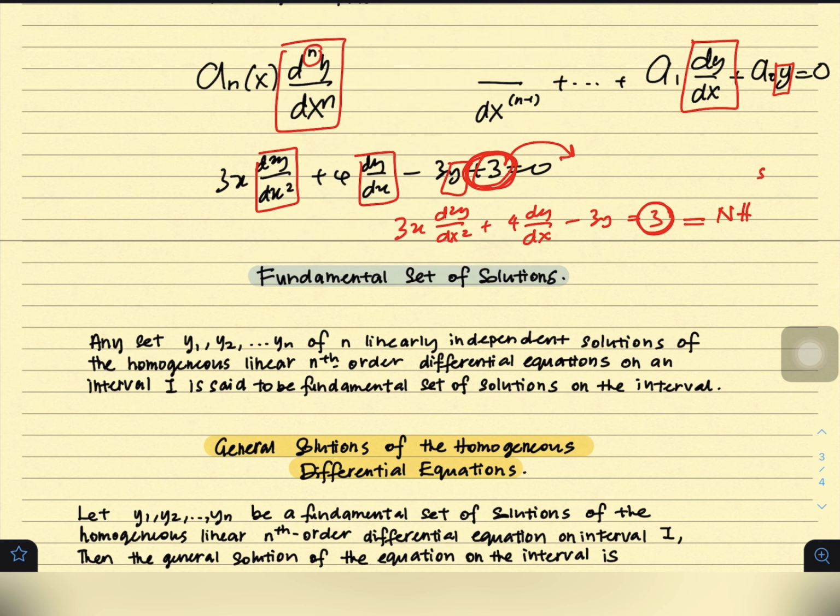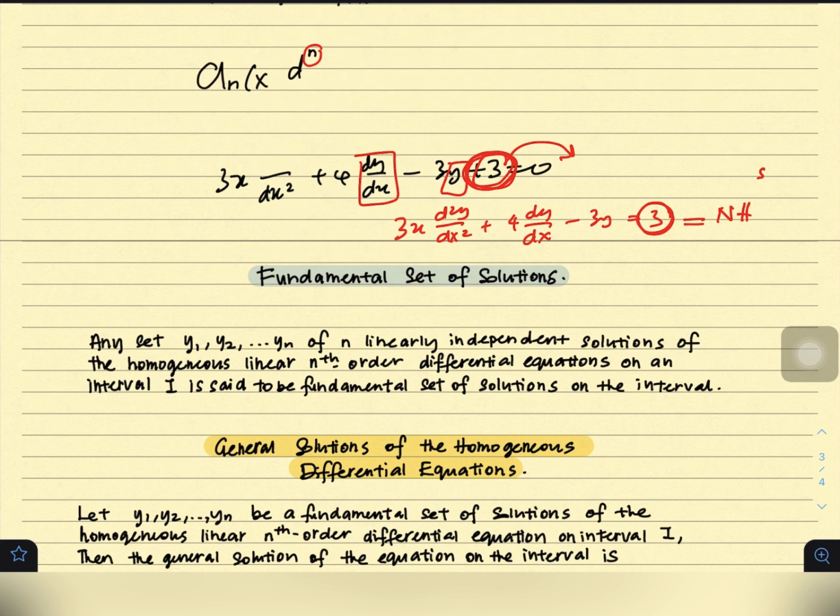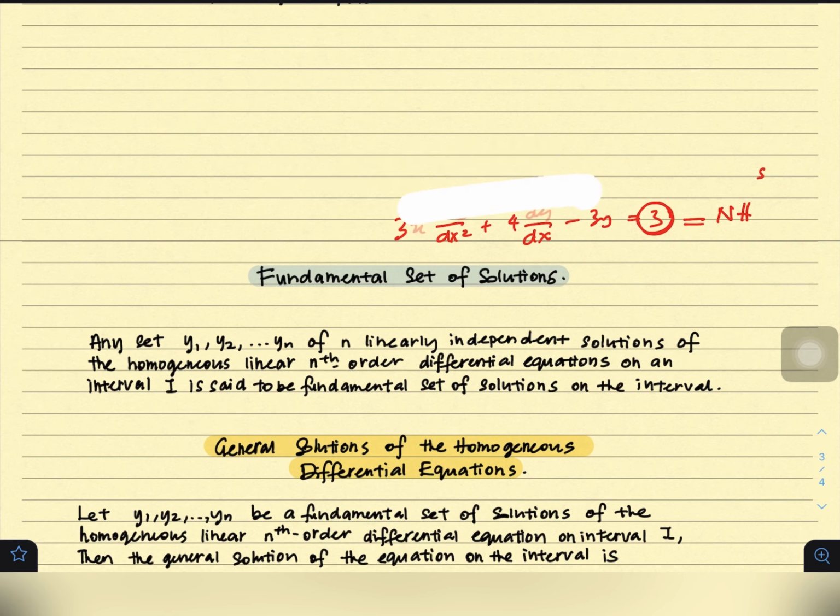Okay. So we know that our differential equation has the solutions. When we are talking about the solution of our differential equations, okay, the solution will be in the term of dependent variable. For example, kalau sebelum ni kita ada dy dx first order.